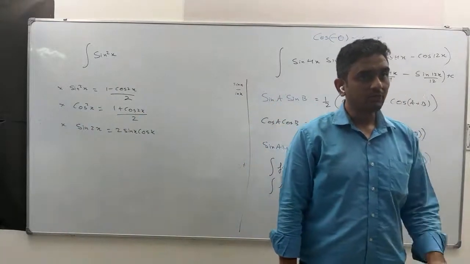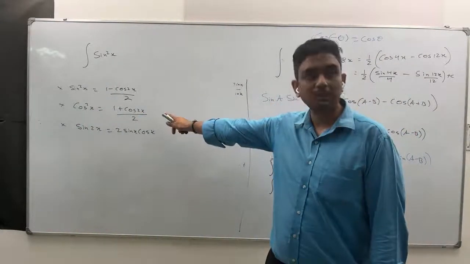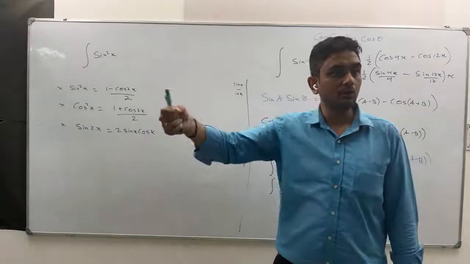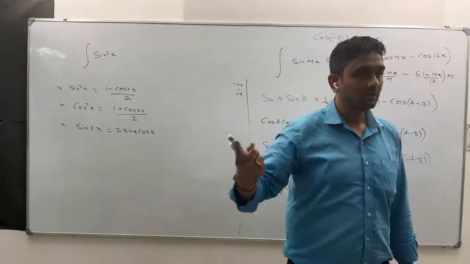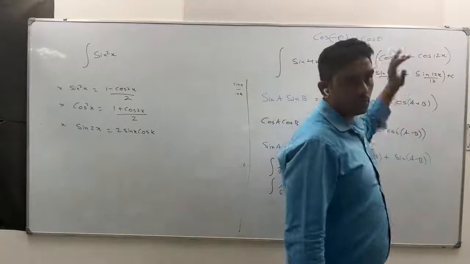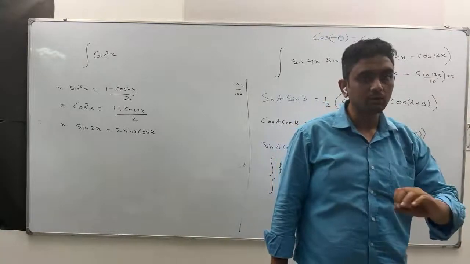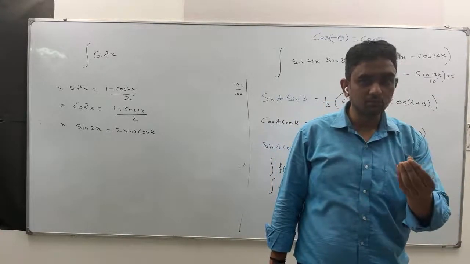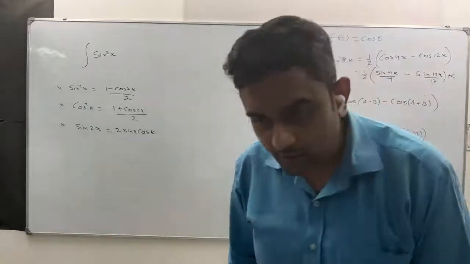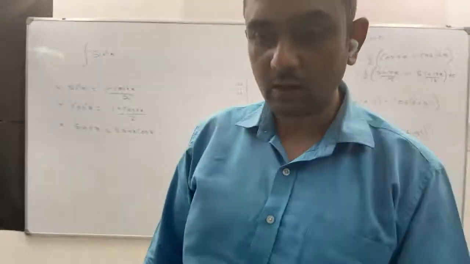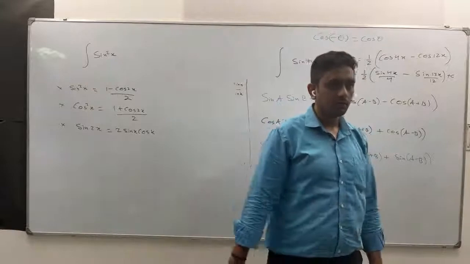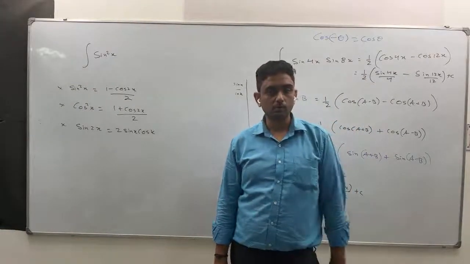These are known as multiple angle formulas because you're converting cos x to cos 2x. So it's pure trigonometry formula. Some questions like the 22nd one will need a little bit of substitution, which will be a little bit difficult. Others will be just pure trigonometry formulas.